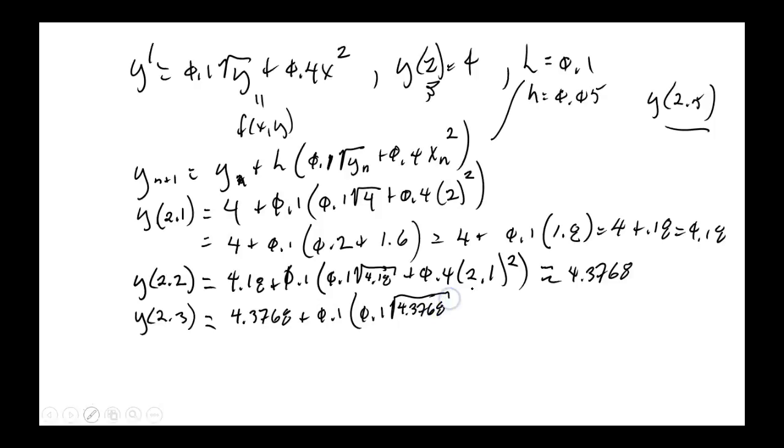You can do this on a calculator a bit simpler if you put that number in memory and call it up rather than typing all those digits out, plus 0.4 times, and now it's 2.2 squared. All right, let's see what we get. Answer.